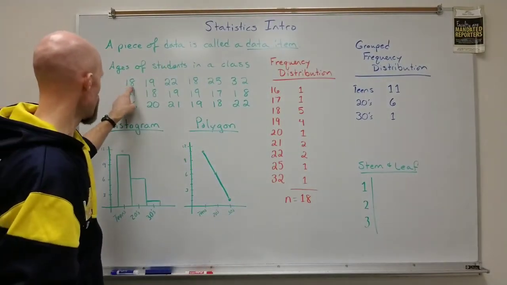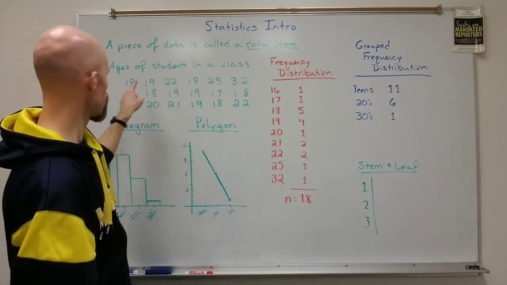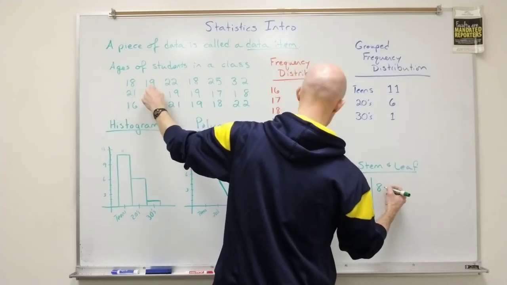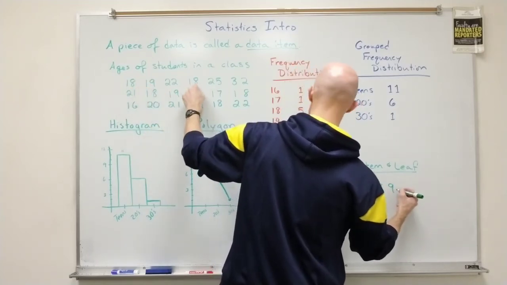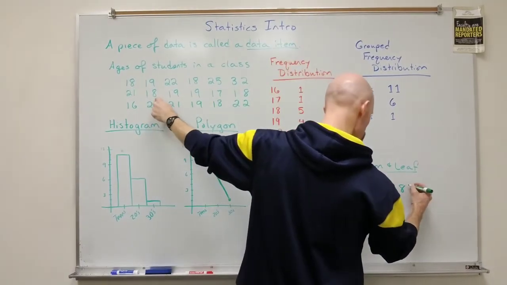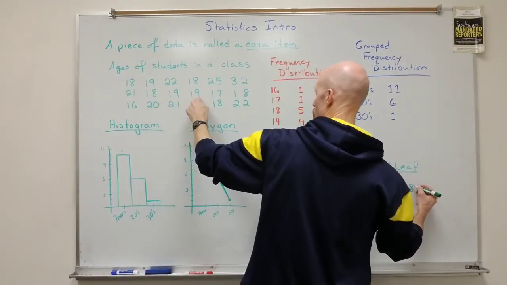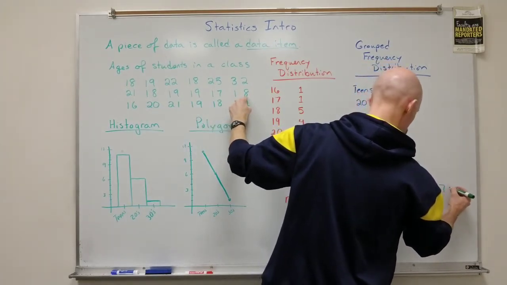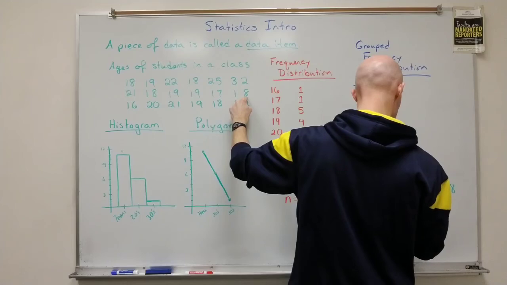So you have 8, 9, 8, so you're looking at all the ones places now. So 8 is the first one, a 9, an 8, an 8, 9, 9, 7, 8.